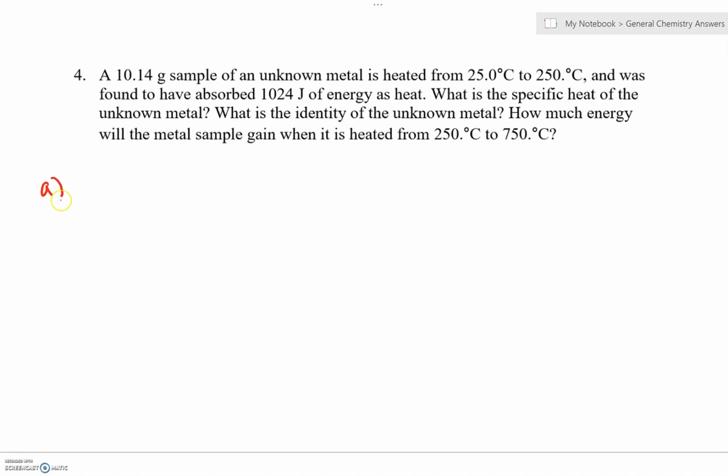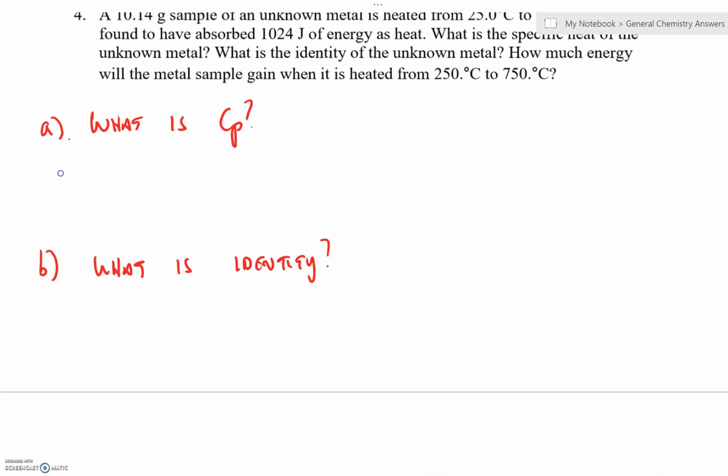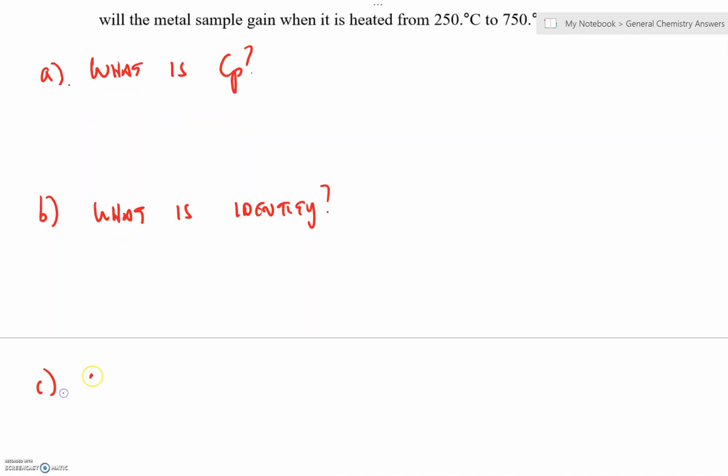So we got 3 parts here. What is the specific heat? We have B, what is identity? And finally, how much energy? What is Q? And we'll get to that one in a bit.